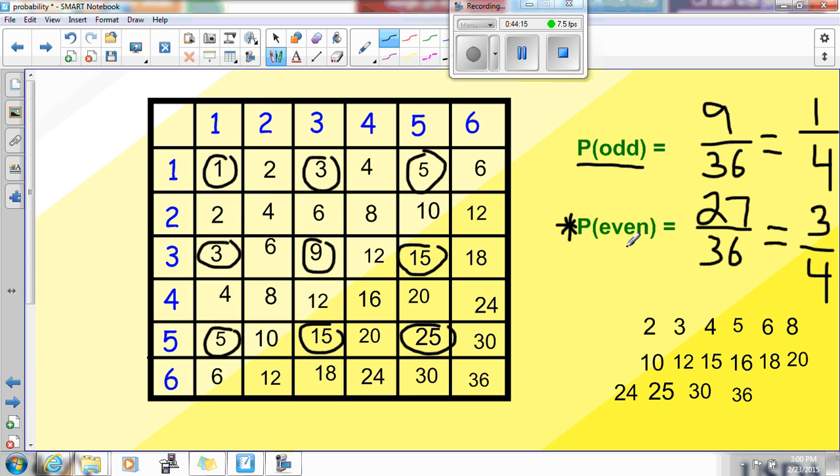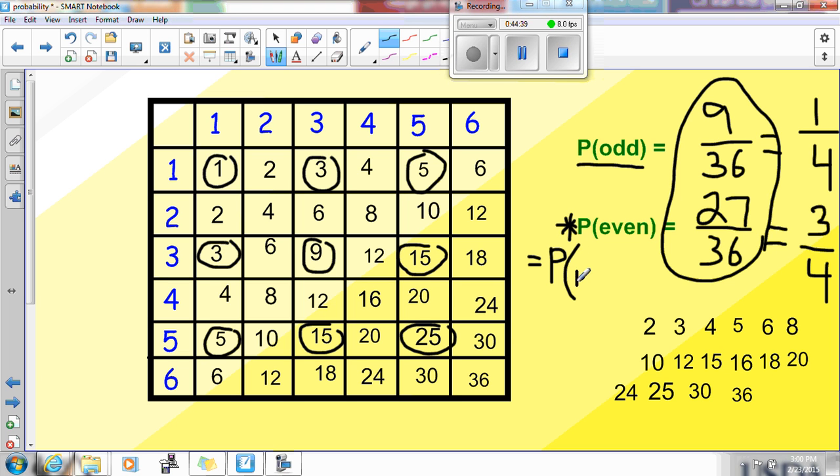Now, just to point this out, if I add these two fractions together, I get 36 over 36 or 1. Same if I do it in the reduced form. So remember, they add up to 1. The other thing I want to point out is the probability of even is the same as saying the probability of not odd.